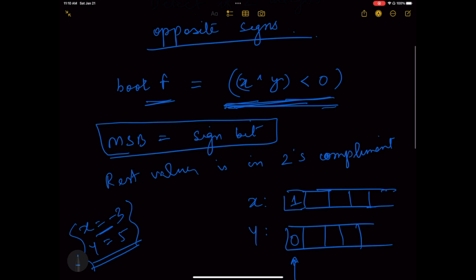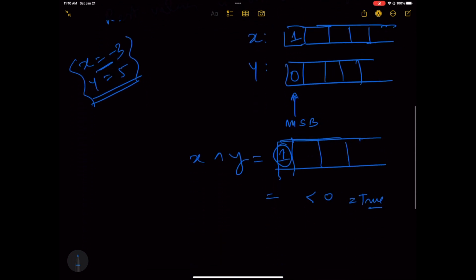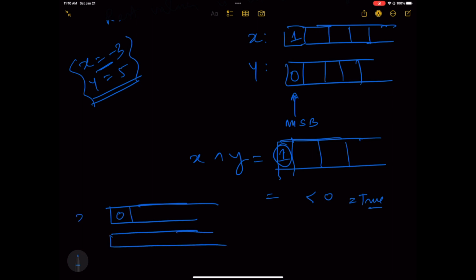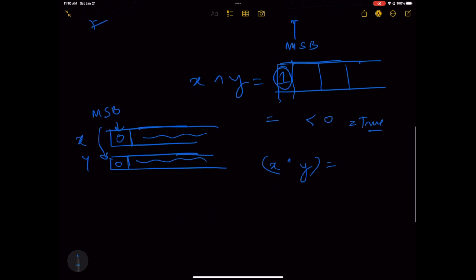What if both of them have the same signs? Then this bit would be 0 for x and the same for y. So this is the most significant bit for x and this is for y, and both of them would be 0. And then when we do x XOR y, these other bits really don't matter in this case, whatever they give me is fine. We XOR 0 and 0, which becomes 0.